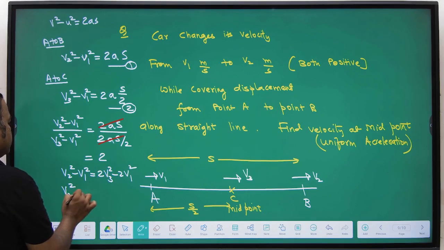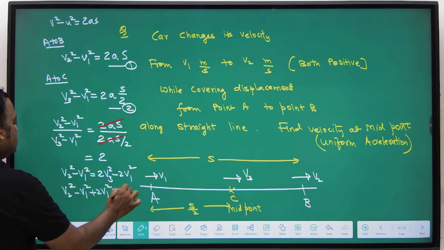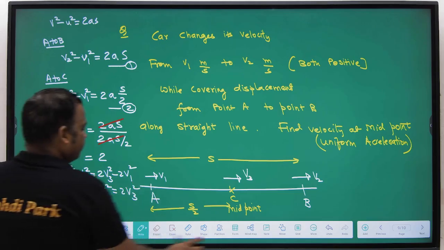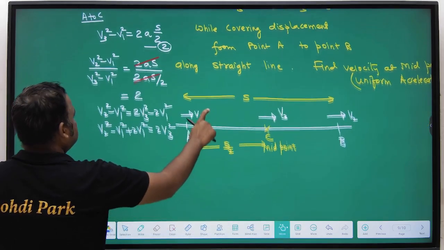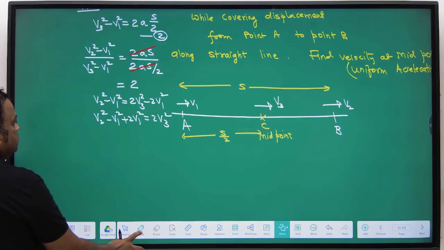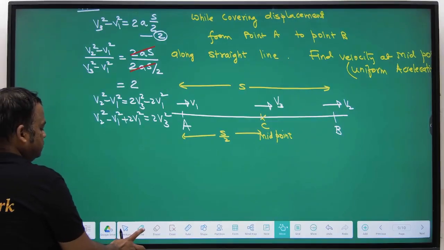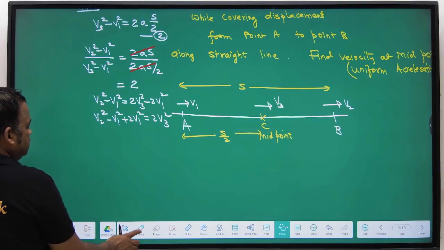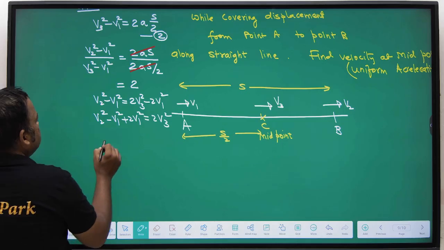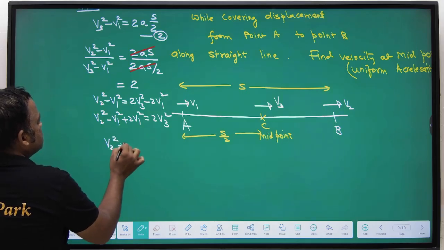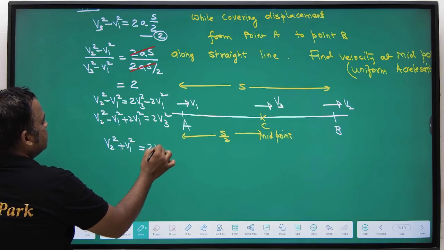So v2 square minus v1 square plus 2v1 square is equal to 2v3 square.